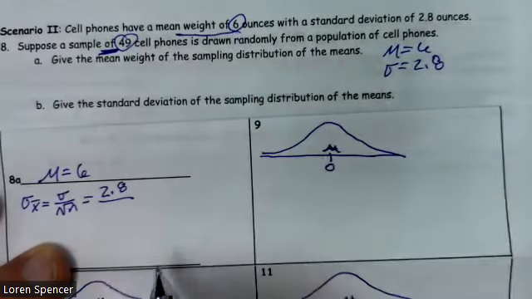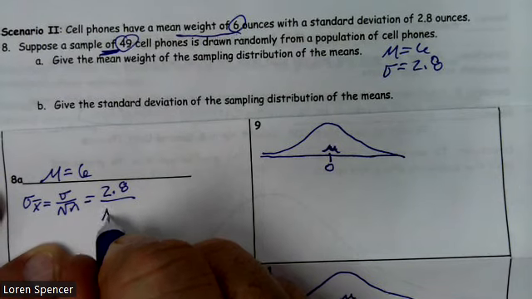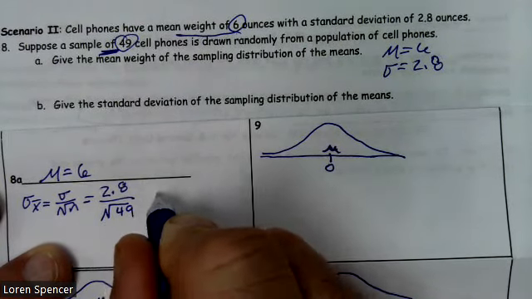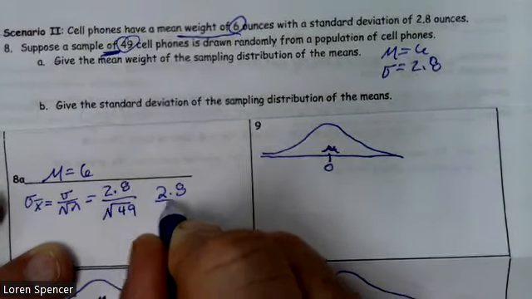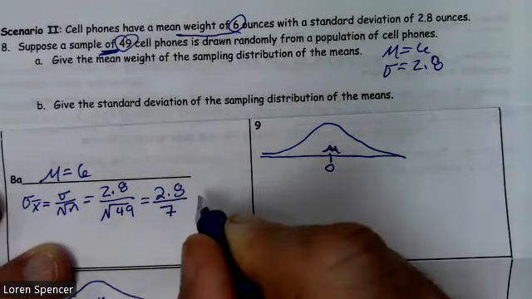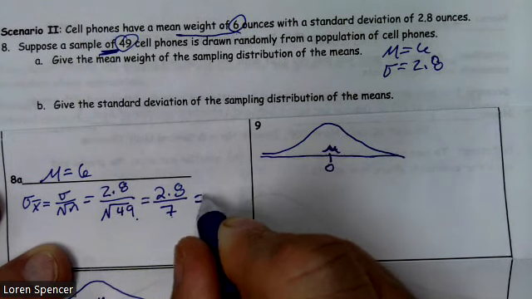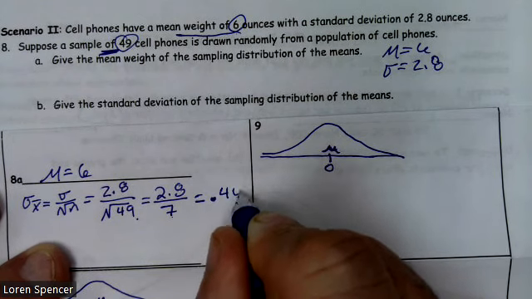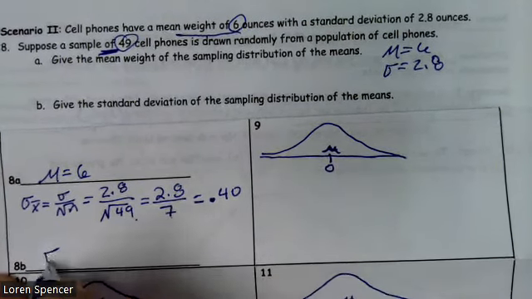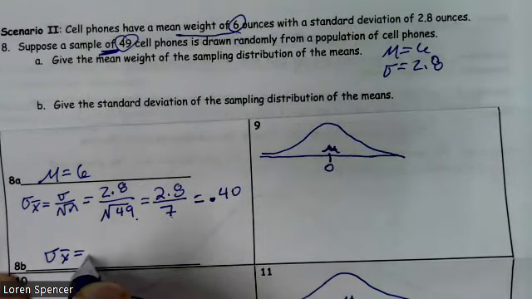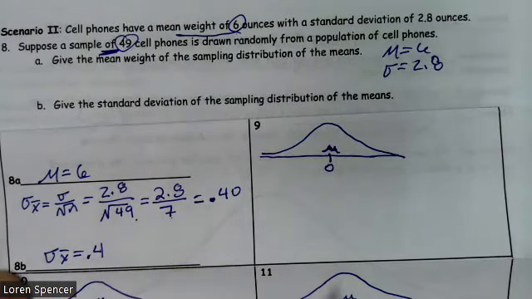Our sample size was 49, so the square root of 49. So it's 2.8 divided by 7, because the square root of 49 is 7. And when I divide that, I get 0.4. So my answer, the standard deviation of x bar equals 0.4.